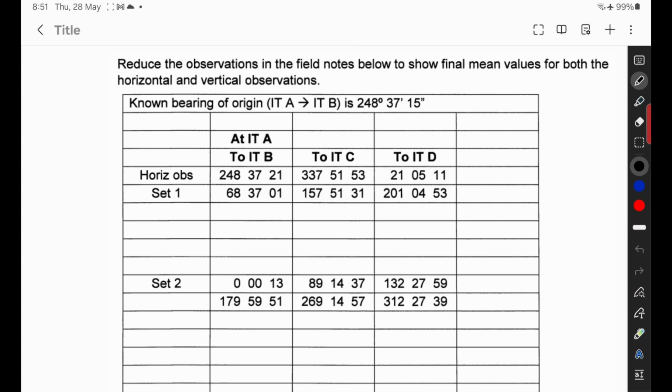Alright, so here we are at ITA, and we're observing to ITB, which is our origin. So let's first of all mean these. Mean is 11. Okay, that's the mean. Now, we know that that bearing should be 248, 37, 15.